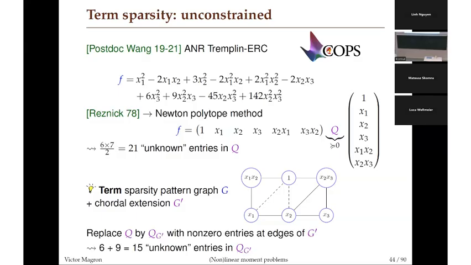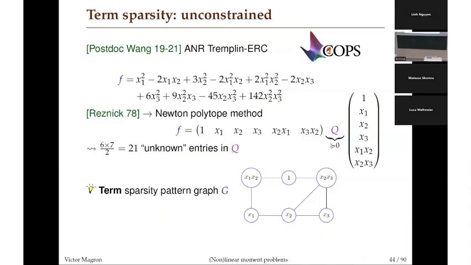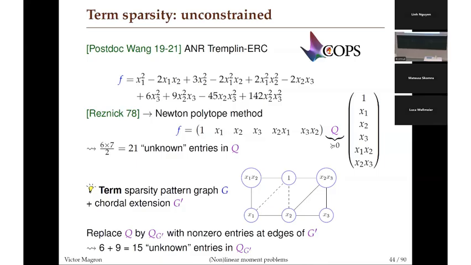Then you replace this matrix Q by a sparse matrix indexed by this graph, either the very first graph or its chordal extension. That's the basic idea of term sparsity. If you do that, then you have fewer entries to consider because there are prescribed zeros: 15 instead of 21. Is it clear for everyone, this construction?